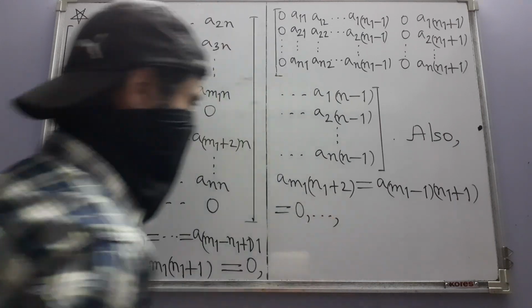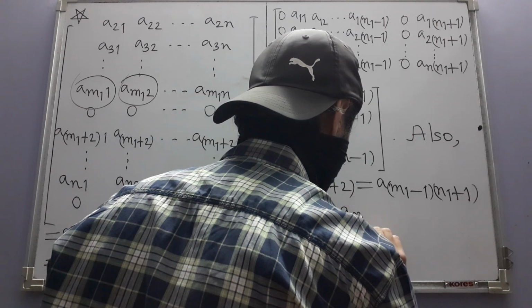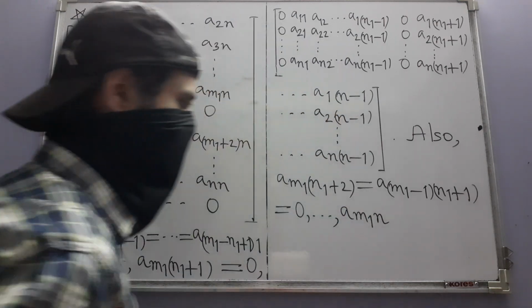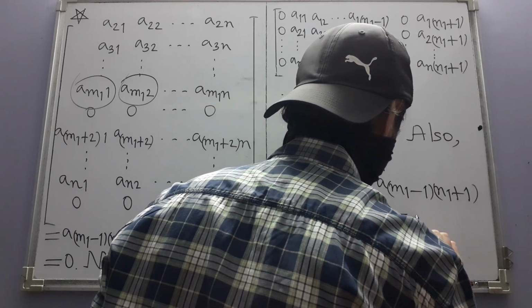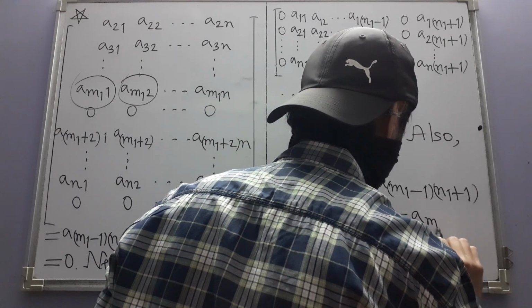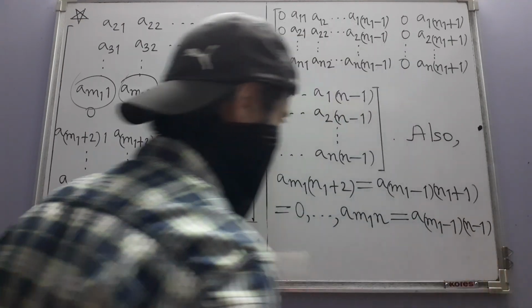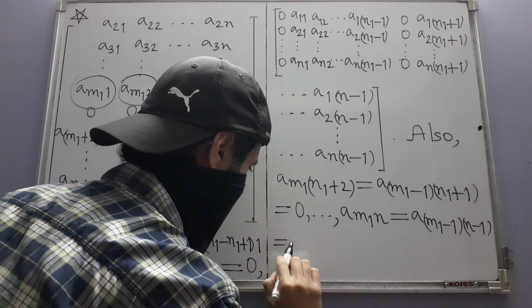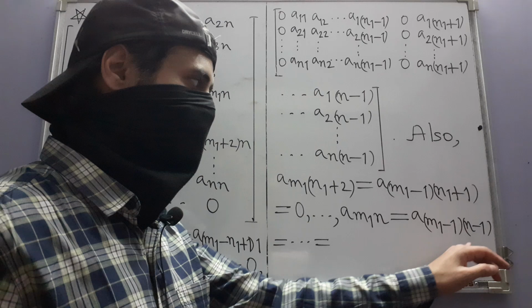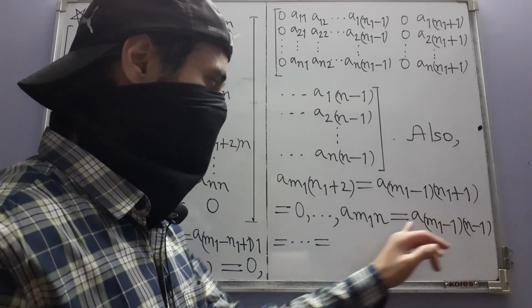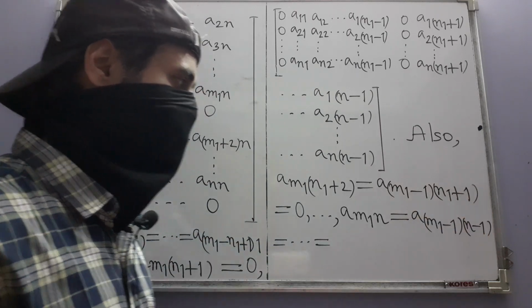And like that, eventually we have this m1 n, m1 minus 1, n minus 1. Now what should you subtract from n to make that n1 plus 1?